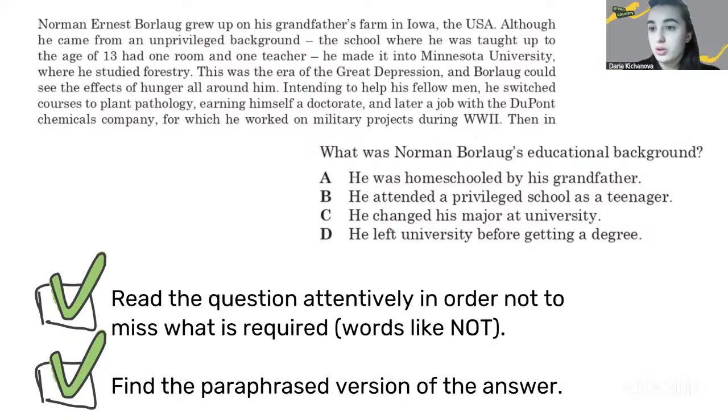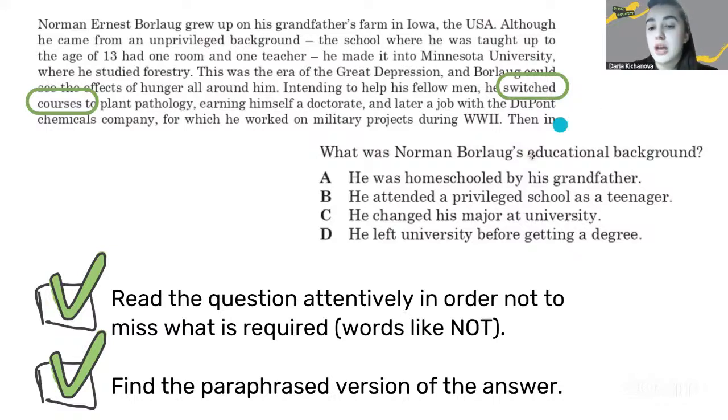And also, in such types of texts, we can have a paraphrased version of the answer. It means there is the same kind of educational background, we have school, but we can have a different phrase. According to this text, we had the phrase switched courses, which was the main idea.